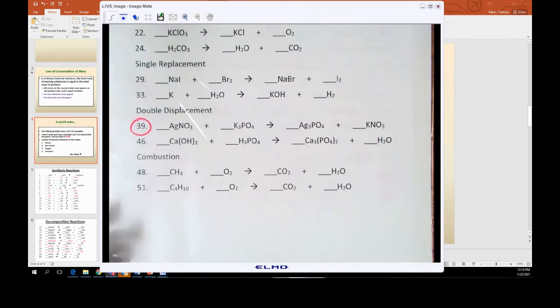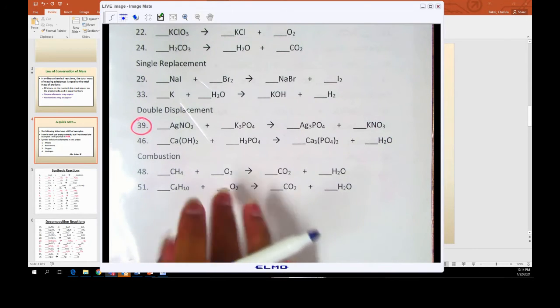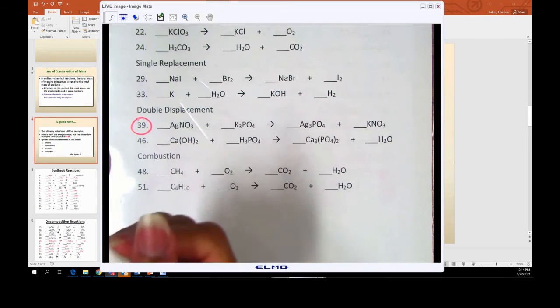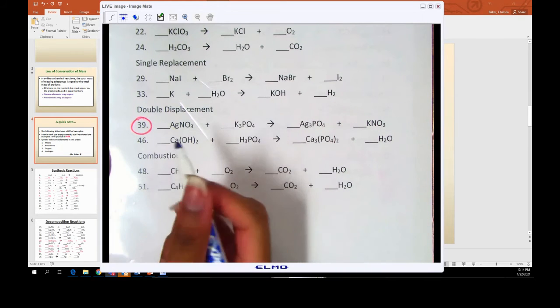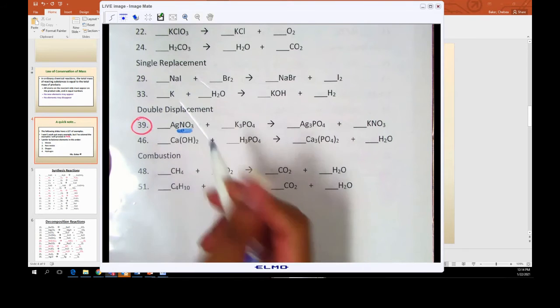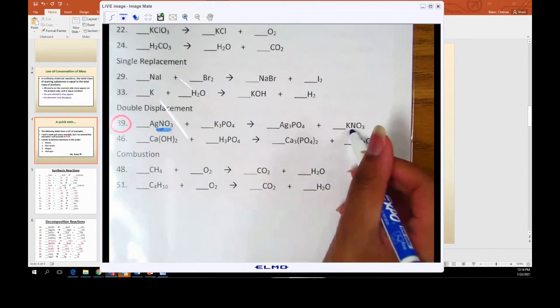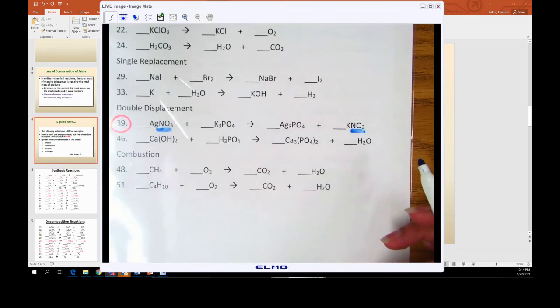But you might also notice that some of these elements, or these groups of elements rather, look really familiar. You should recognize them from your polyatomic ion chart. I see a polyatomic ion called NO3, nitrate, here, and I also see it on the other side of the reaction over here, nitrate.